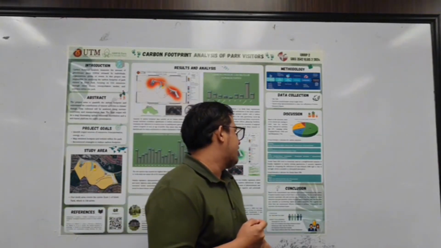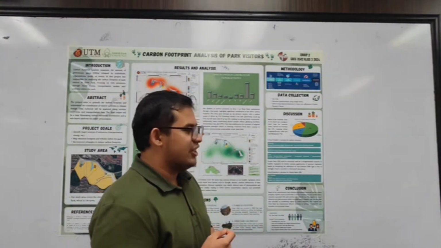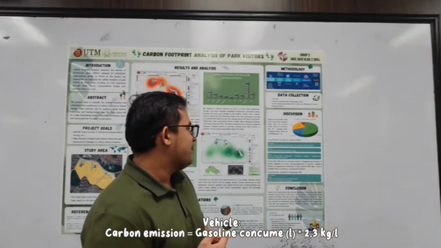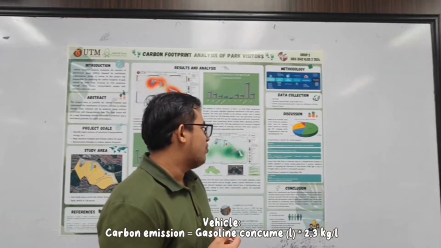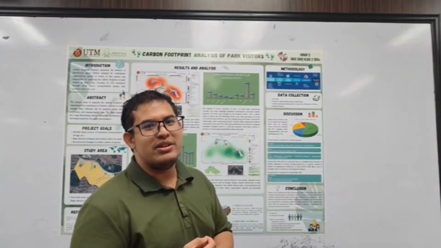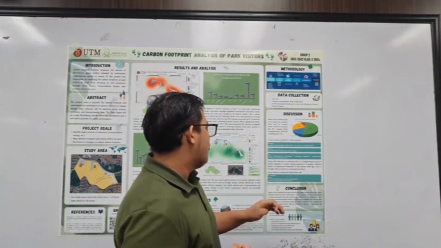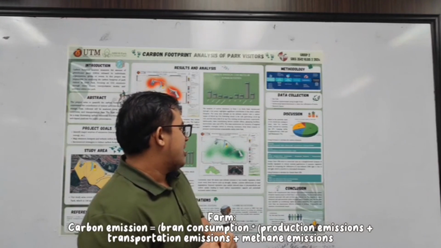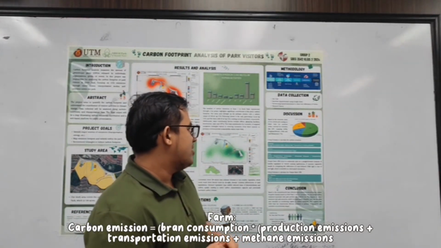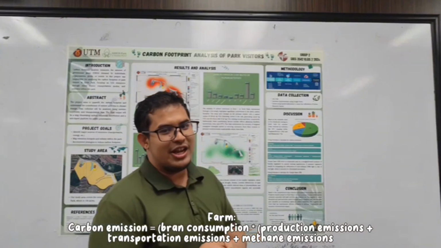Next, the formula for vehicles is gasoline consumed in liters times 2.3 kg CO2 per liter, which is also a global carbon emission factor. And lastly, for farm, it is feed consumption times product emission plus transportation plus methane emission.